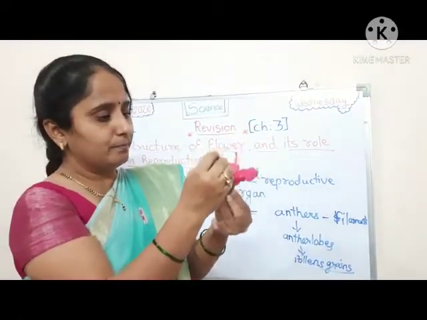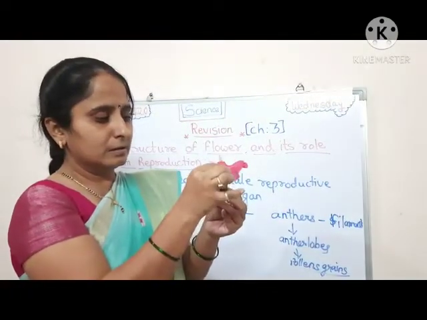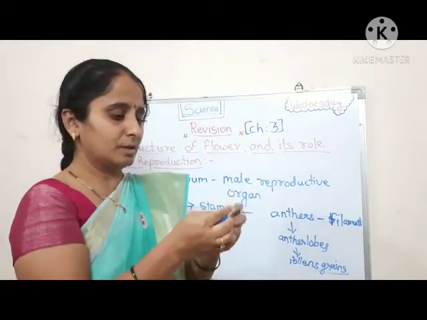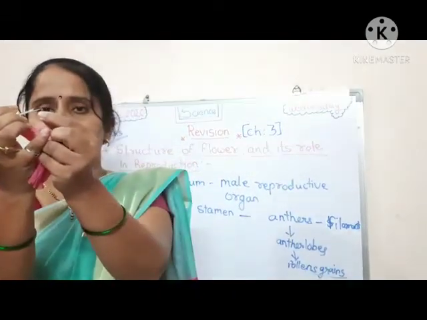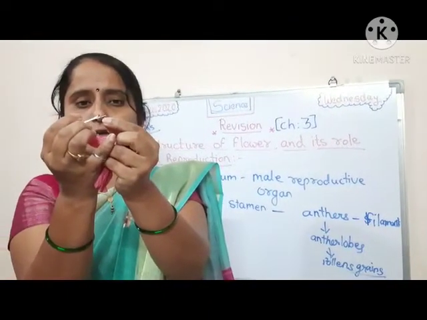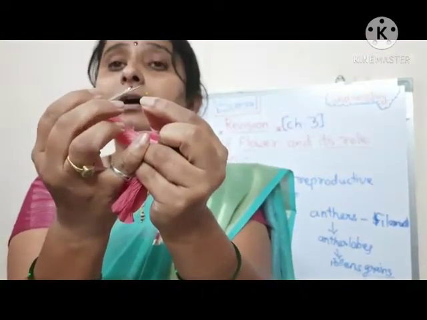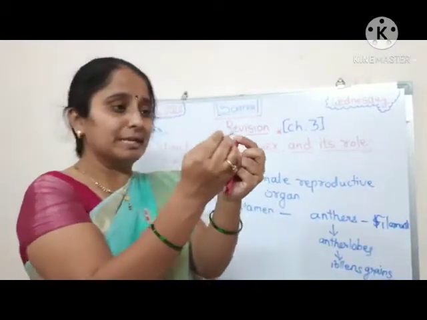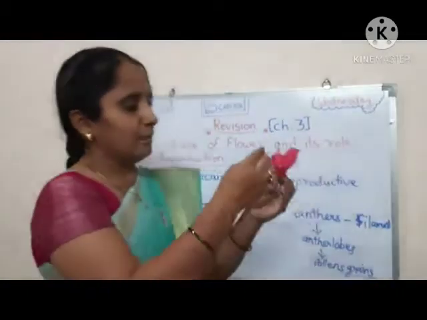If you pluck one, you can see this very tiny part, the filament and the anther. On the anther lobes you can see tiny yellow color pollen grains. These pollen grains pass through this filament tube.